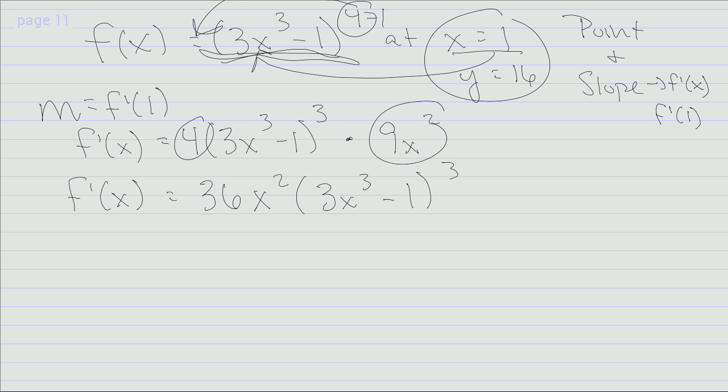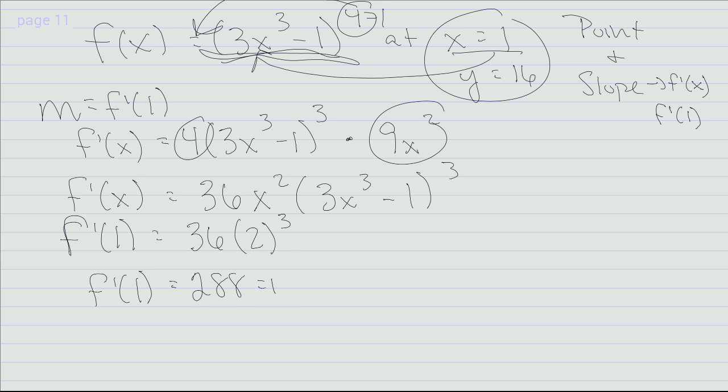So we've got f prime of 1 is equal to 36 times 1 squared is 36 times 3 times 1 cubed is 3 minus 1 is 2, so 2 to the third. So f prime of 1 is equal to 288, which is my m value.